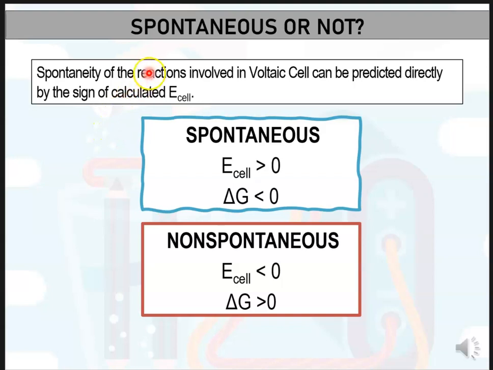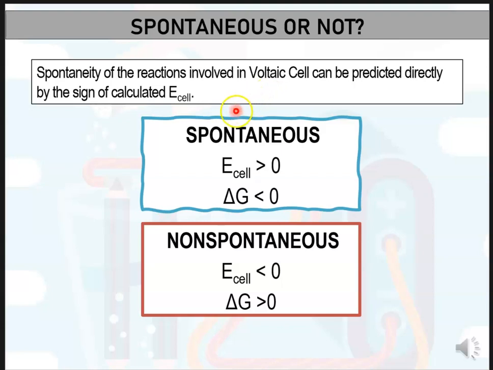Okay, to determine whether the cell will react spontaneously or not. So spontaneity of the reaction involved in voltaic cell can be predicted directly by the sign of calculated E naught cell, or E cell. In the electrolytic cell, of course, it is not spontaneous because we need to have electric power.